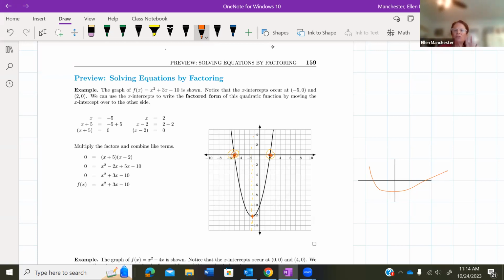And so this is how you guys are in a Coreq class. Coreq meaning we're embedding developmental topics into the college level class. So this is one of those developmental topics. It's a topic that you learned at some point in junior high or high school, and you may or may not have continued with your skills.